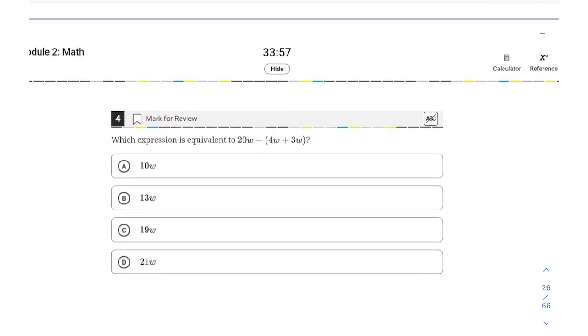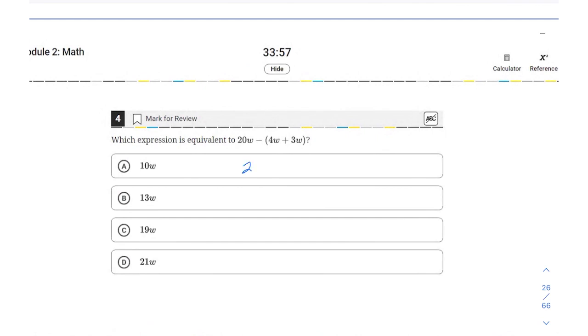Which expression is equivalent to 20w minus 4w plus 3w? You can do one of two things here. Either way is correct. You just want to have a standard way of doing it, so you do it the same way every time. When you see a negative out front, you could automatically distribute that negative to both terms, but you could also simplify inside the parentheses first, which is what we traditionally see in the order of PEMDAS or GEMDAS, however you've learned it.